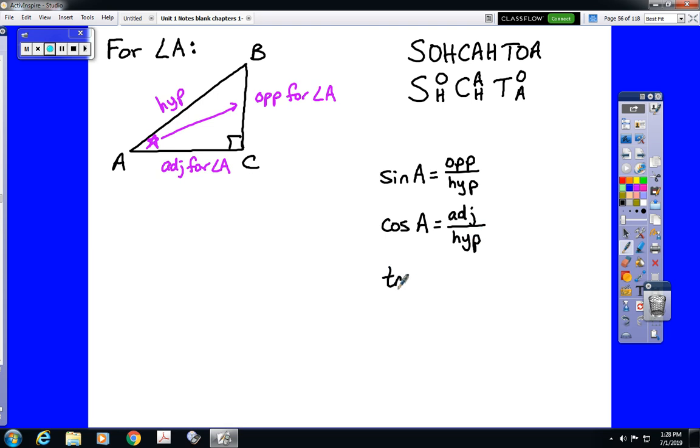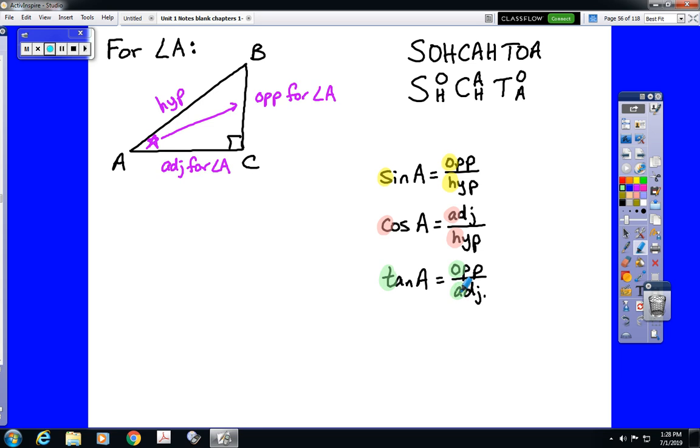And the tangent of angle A is opposite over adjacent. So when you see Sohcahtoa, what you're seeing there is the first letter of each of those items.